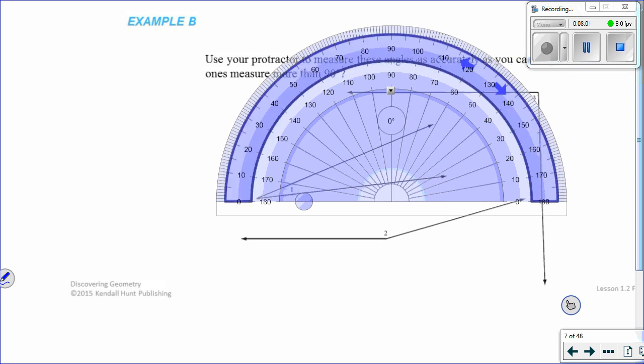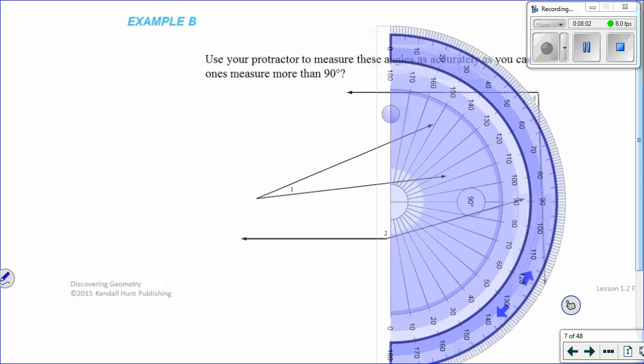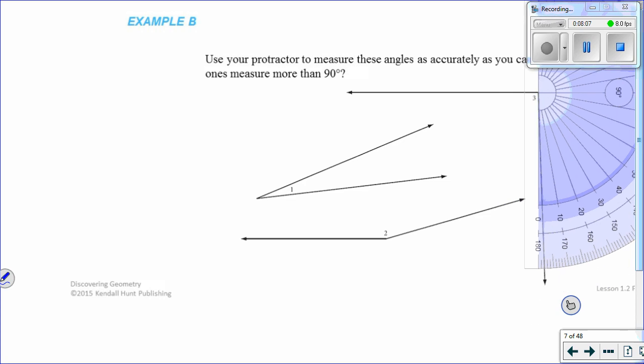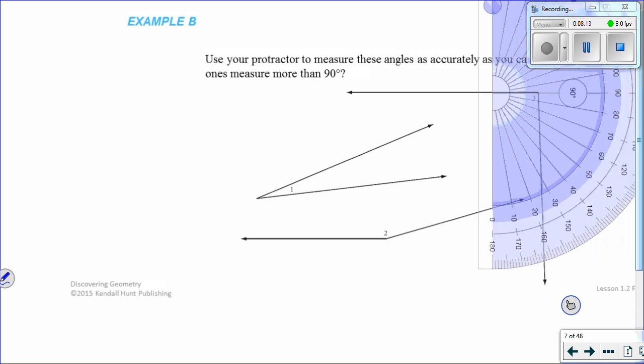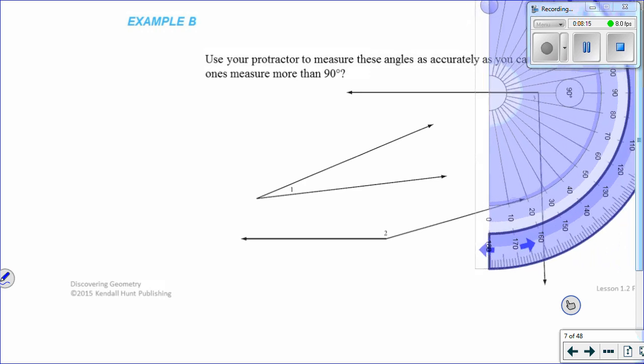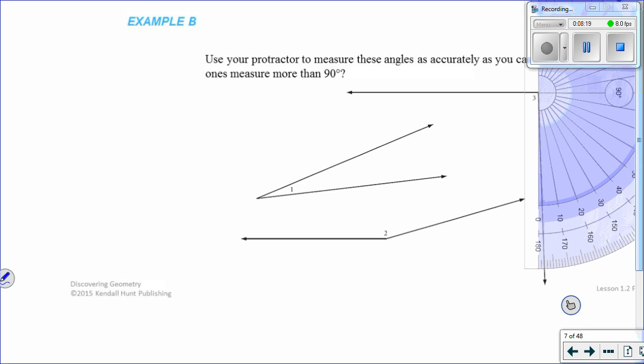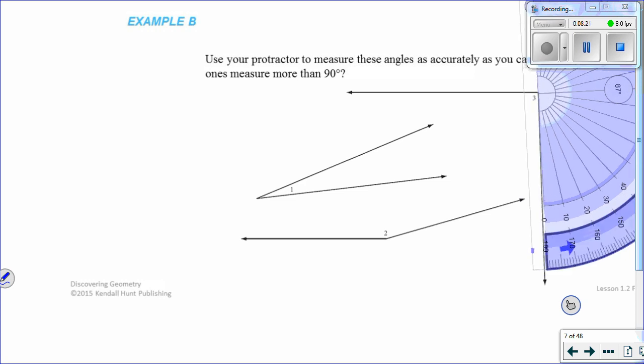I think first what I want to do is turn that. All right, now I can turn it. This always takes me a minute. I'm going to line that ray up. Right, not quite lined up yet. There we go. I'll line that ray up with the bottom.